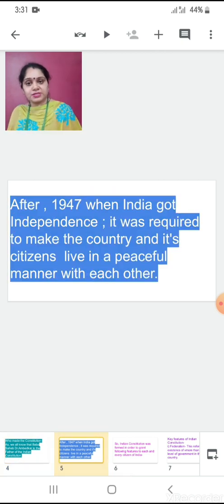After 1947, children, when India got independence, as I told, it was required to make the country a republic. Now, what is the meaning of republic? Once we have got freedom, then what is the use of being a republic? Being a republic means being able to adapt oneself according to the circumstances.